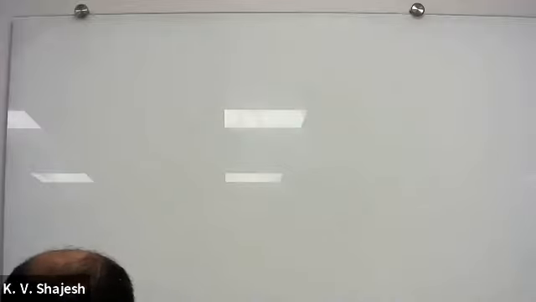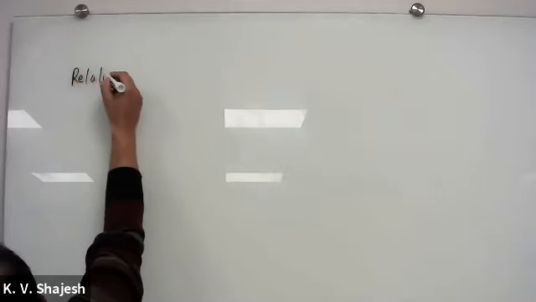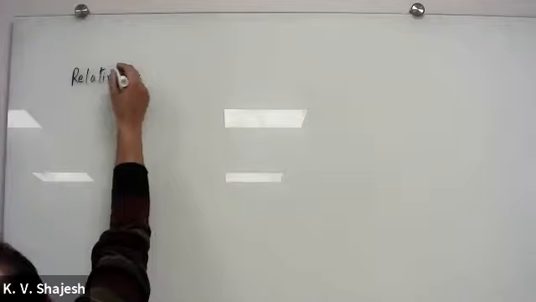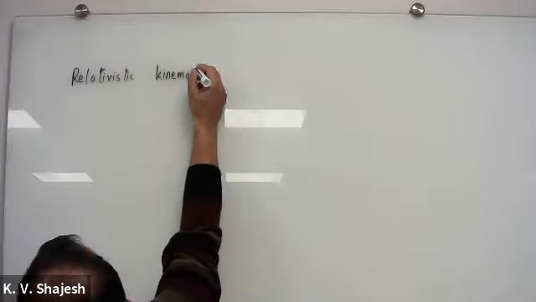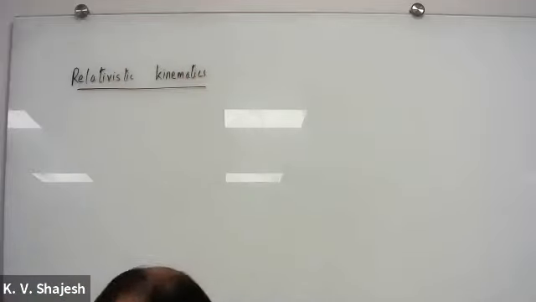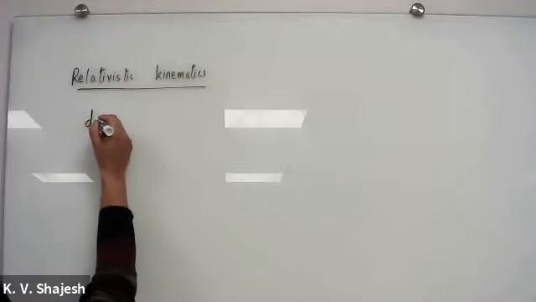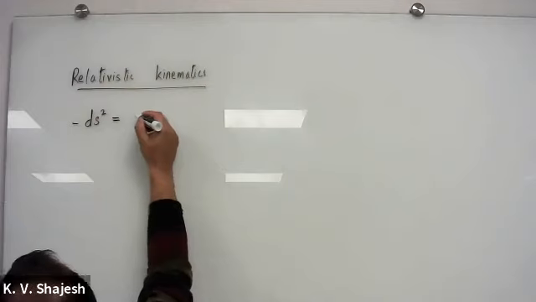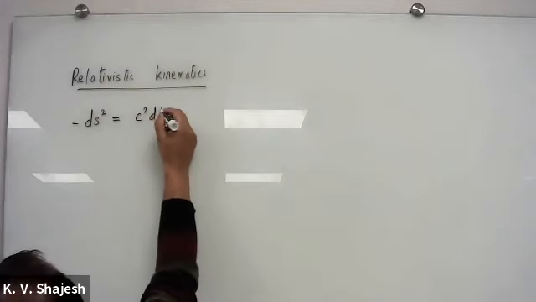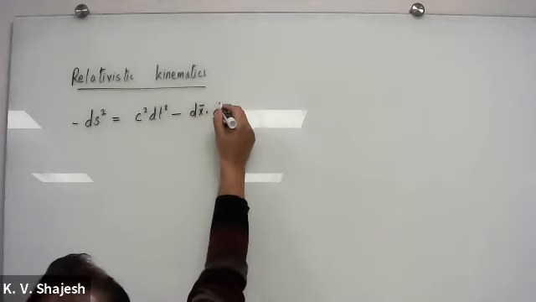Okay, so we were doing relativistic kinematics, and what we said is we defined ds squared, actually minus ds squared equals c squared dt squared minus dx dotted with dx.